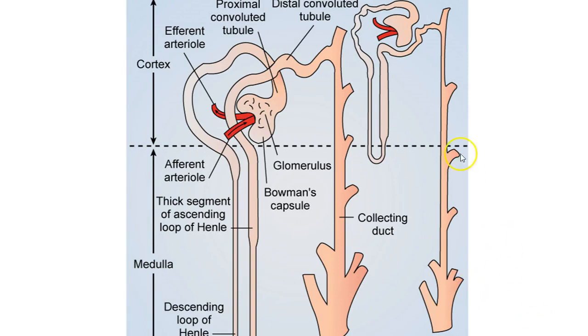On the ascending side, this is where a lot of the electrolytes like sodium, chloride, and potassium are reabsorbed, and it's very impermeable to water.